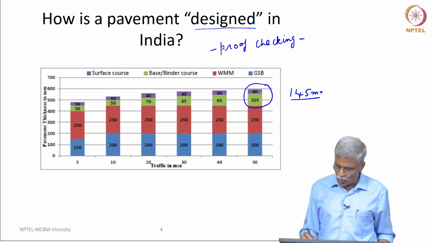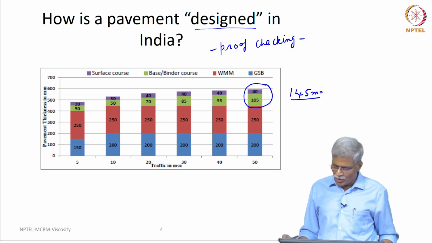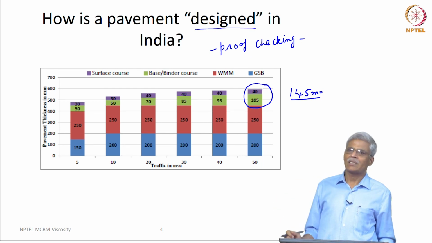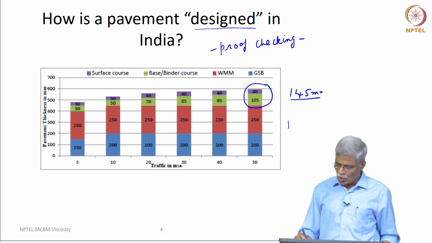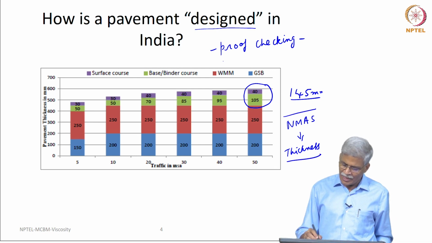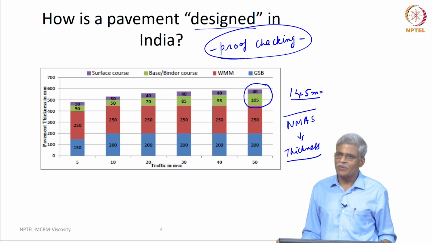You may want to know whether one should use one layer for 40 mm or whether you want to use two layers for 105 mm. So, there is an interesting connection between the nominal maximum aggregate size as well as the thickness of the pavement. So, these designs hence are already in place, and what we only do is to check them for any specified level.